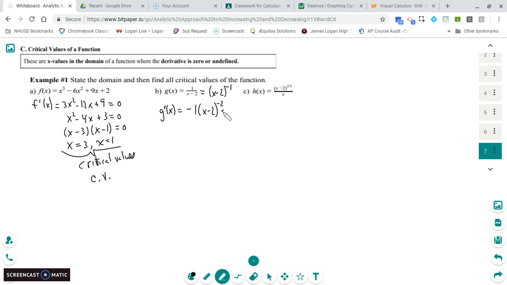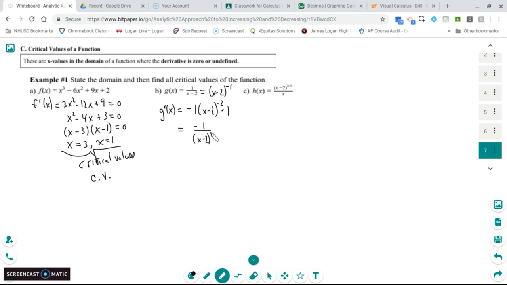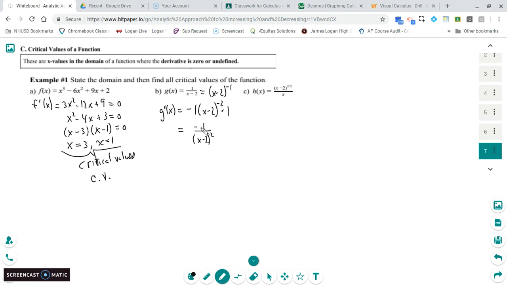And then I multiply by the derivative of the inside, which is going to be 1. And then if I rewrite that, I have -1 in the numerator and the quantity x minus 2 squared in the denominator. Now, since the numerator is a constant, this first derivative will never equal 0.